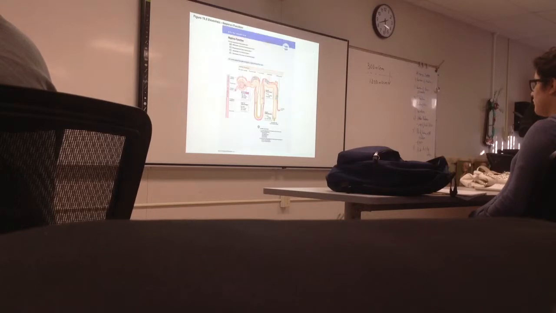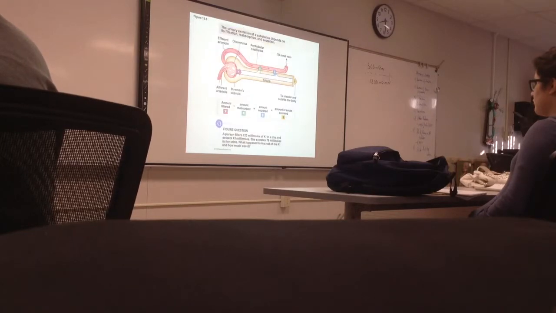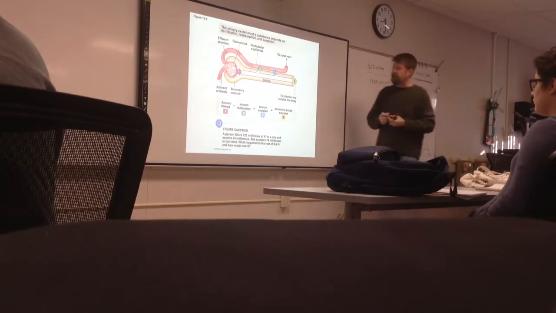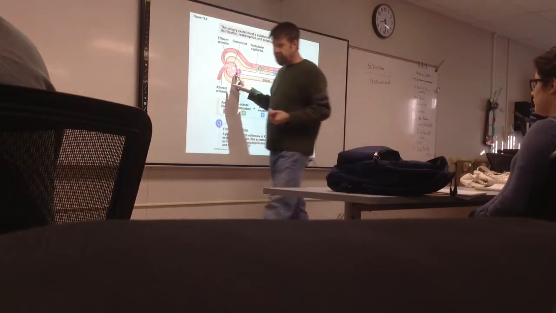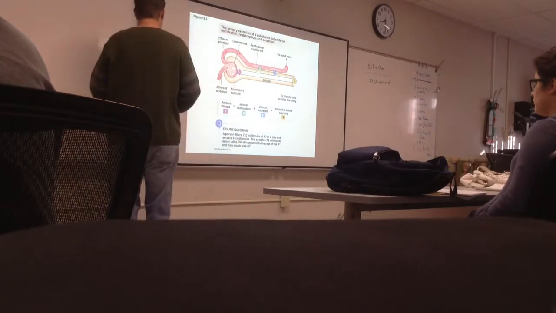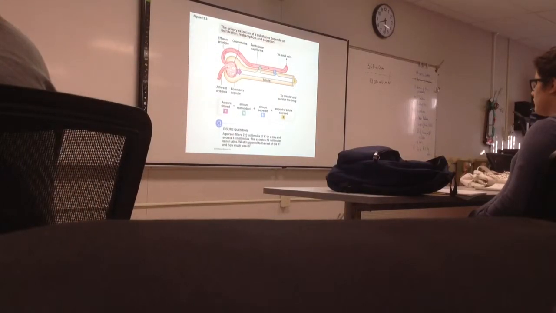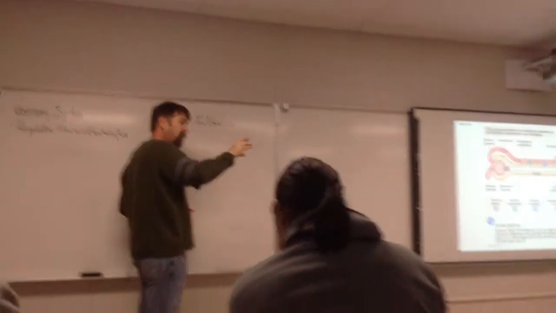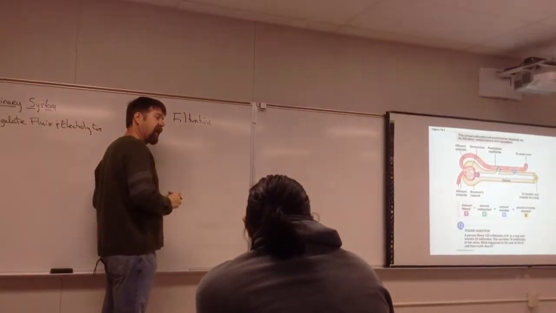All right, so here we've taken and just drawn a schematic to show the processes that are important. The processes that are important here are, number one, filtration. So you need to be able to take the components of blood and push it out of the capillary bed.